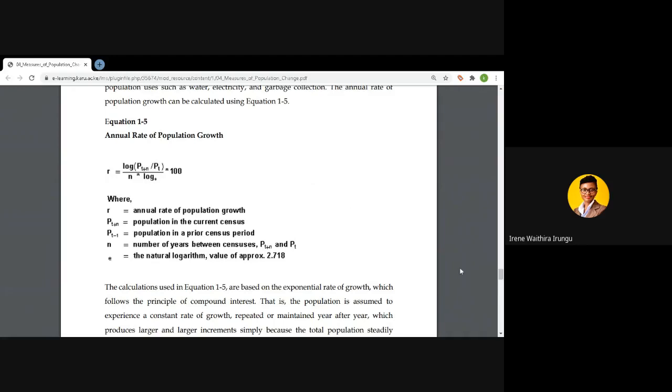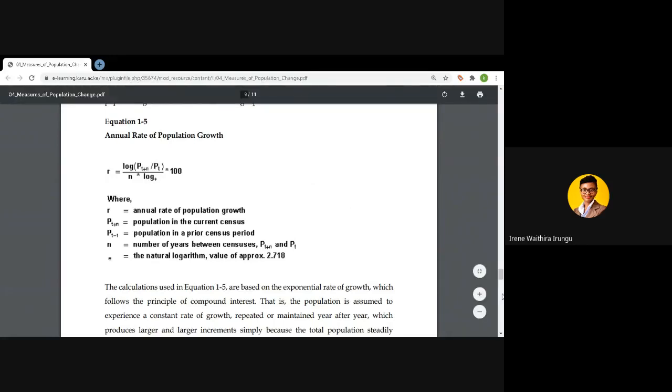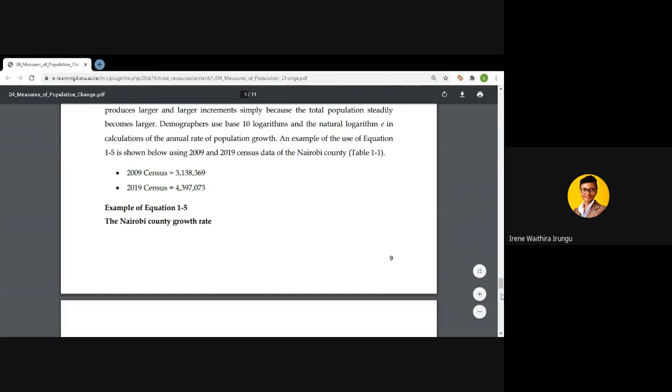So if we were to look at a specific example, let's again consider Nairobi County, where the population in 2009 was 3,138,369, and the corresponding population in 2019 was given by this figure, 4,397,073 people.